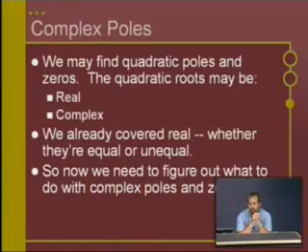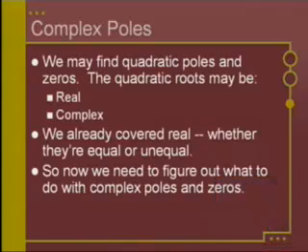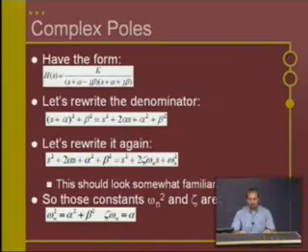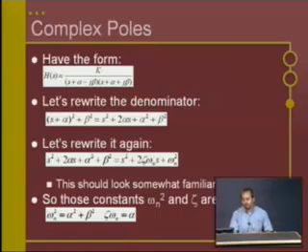So what we need to figure out is what to do when you have complex poles, when you have a j root on your function. This is what the really nasty form looks like. You have s, which is replacing the j omega term, plus some real component alpha, plus or minus j beta.